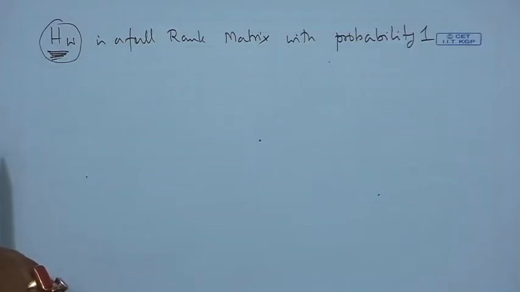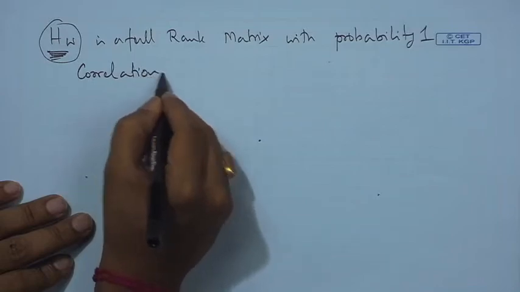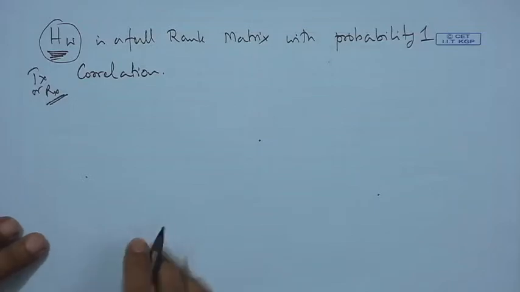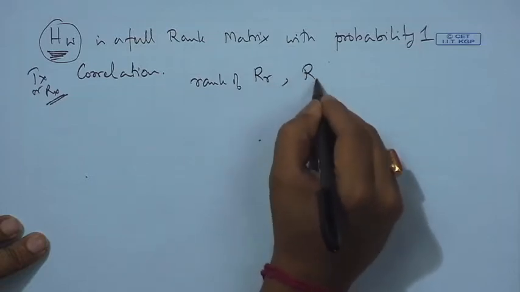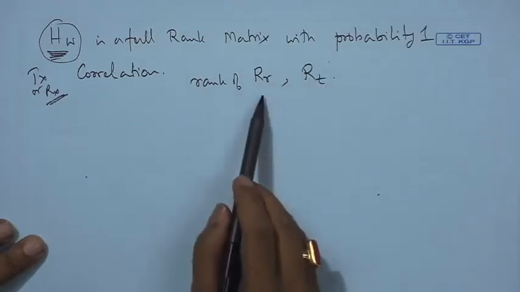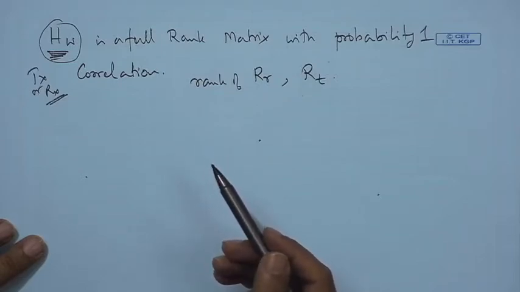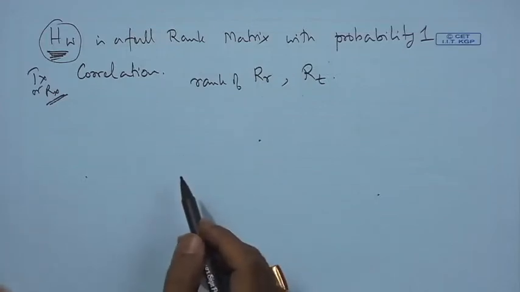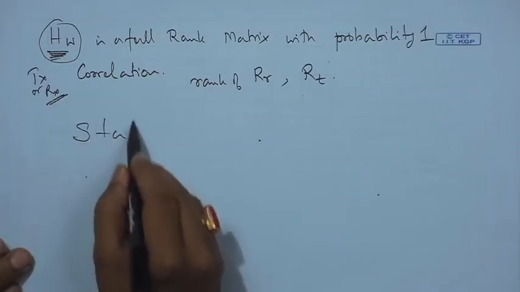If there is any transmit or receive correlation, the rank is modified and constrained by the rank of R_R or that of R_T, and then the rank of the matrix is less than the full rank of H_W. We will see many things in detail later on. With this, we would move on to some of the statistical properties of H_W.